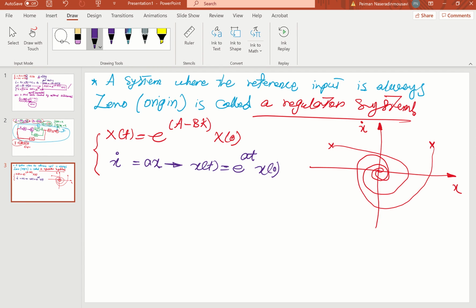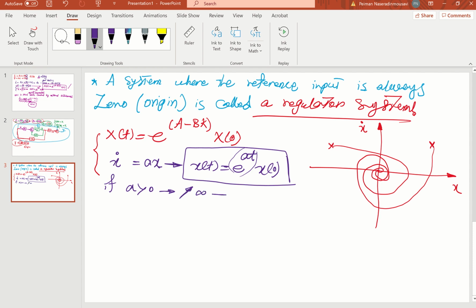So now look at this very simple function. Guys, if a is greater than 0, any number, what's gonna happen to this term, exponential of at? This is gonna go to infinity. So x is gonna go to infinity. So your system is unstable.